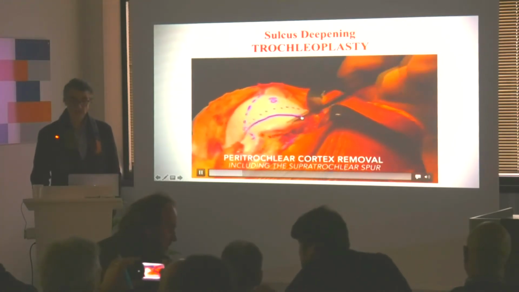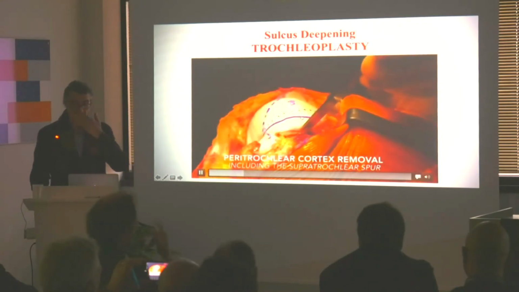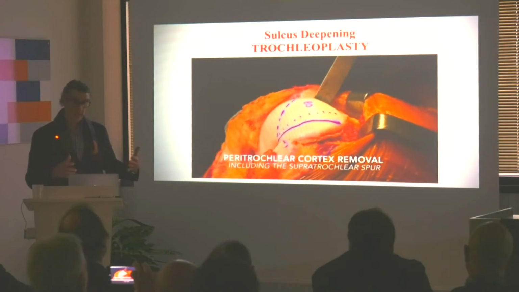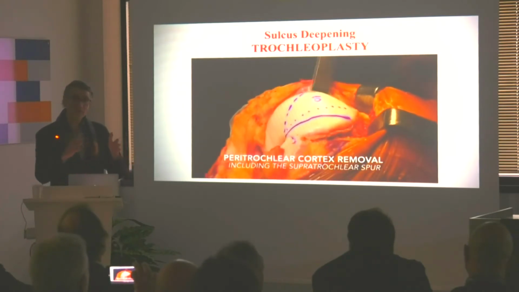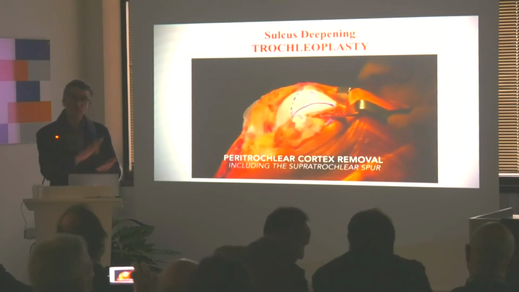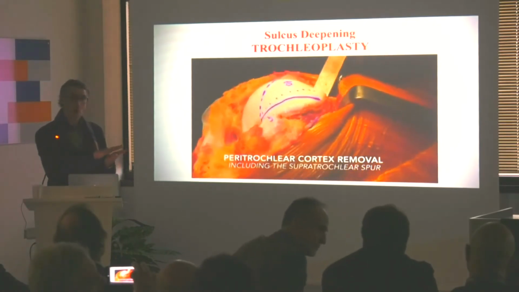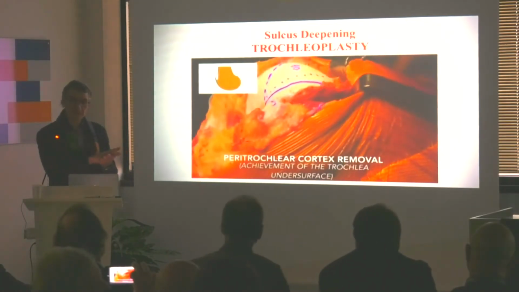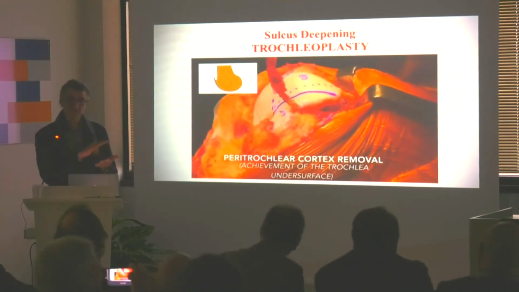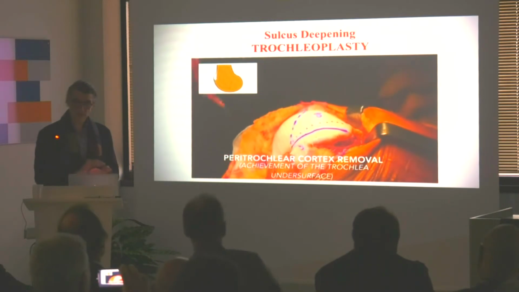After that, you remove the cortical bone all around the trochlea, but you have to go above the trochlea, more proximal, just to find exactly where you have the anterior cortex, because your trochlea has to be flush with the anterior cortex.